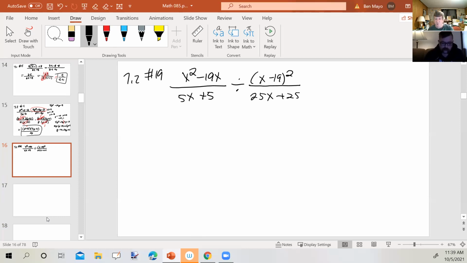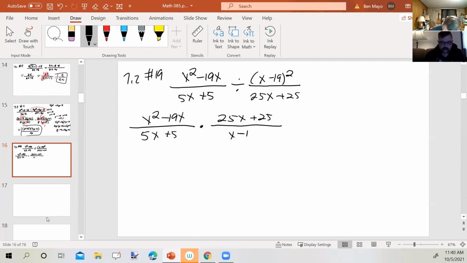The first thing I'm going to do before I factor anything is to change this division problem into multiplying by the reciprocal. So I get x squared minus 19x over 5x plus 5 times 25x plus 25 over x minus 19, the quantity squared. So now we'll go through and factor each piece.